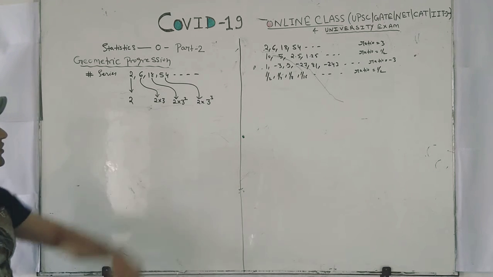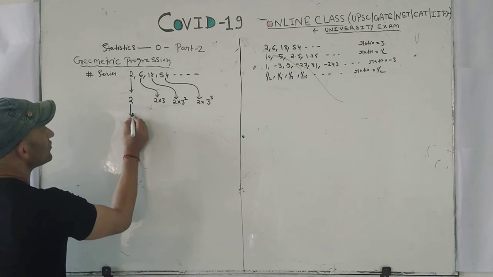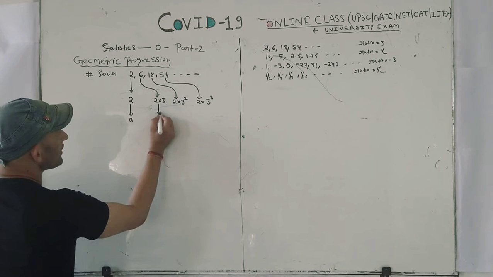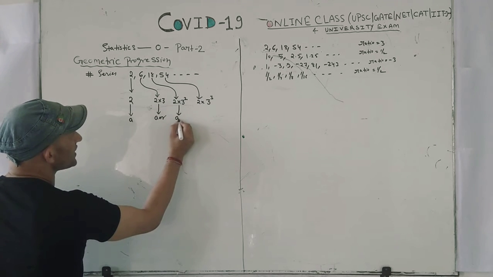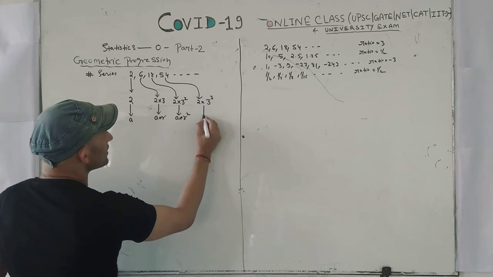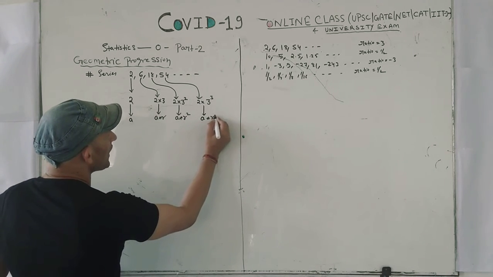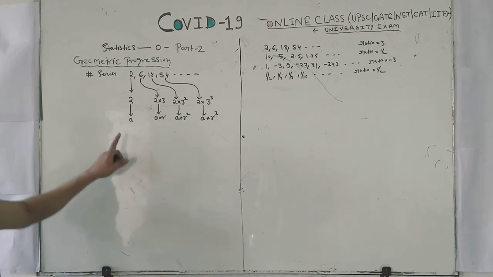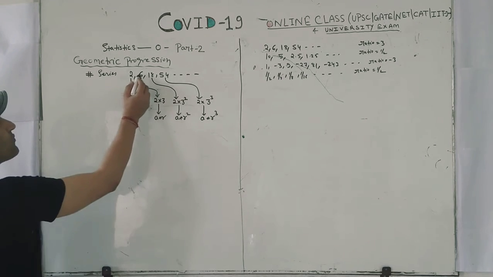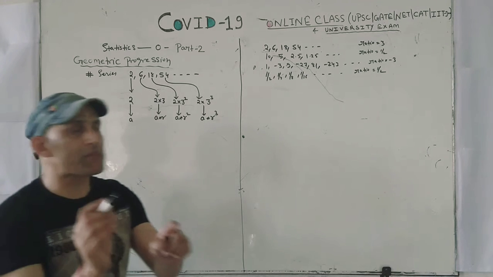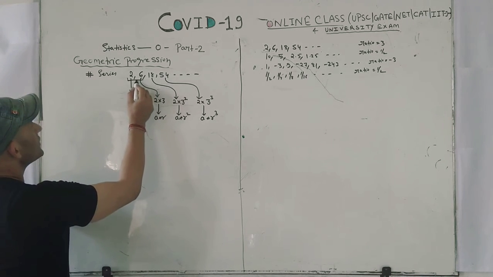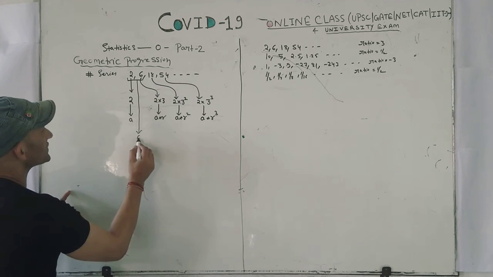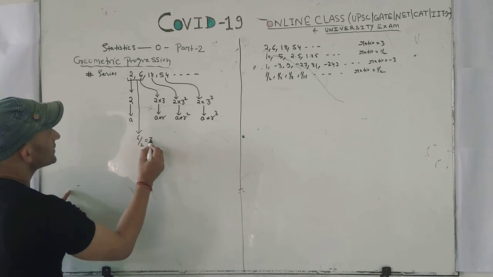You can see that your first value is A, your second value is A into R, your third value is A into R square, then your next value is A into R to the power 3. So whenever we look at the ratio between two consecutive numbers, 6 upon 2 is 3.